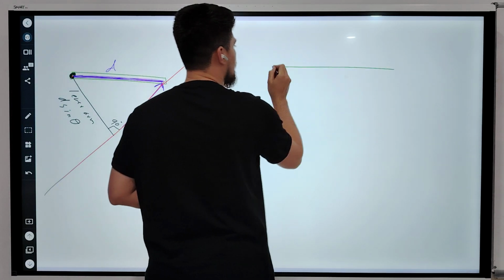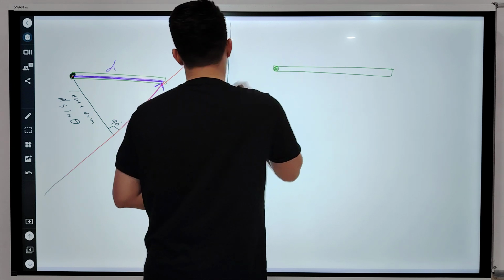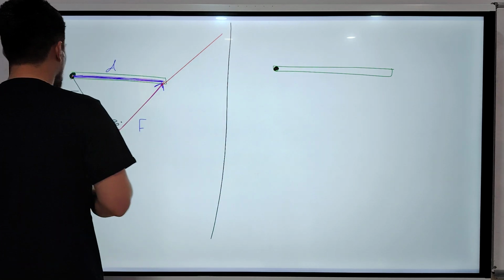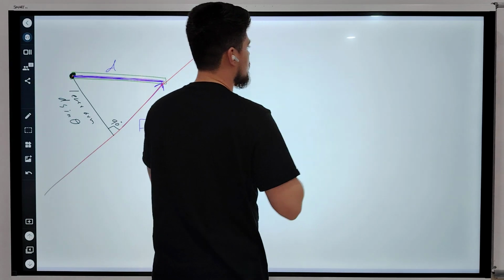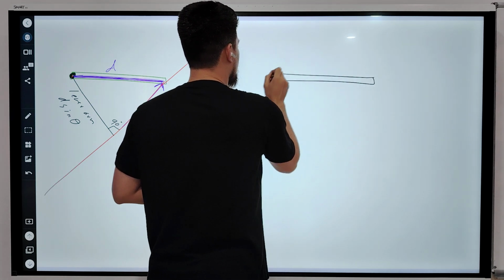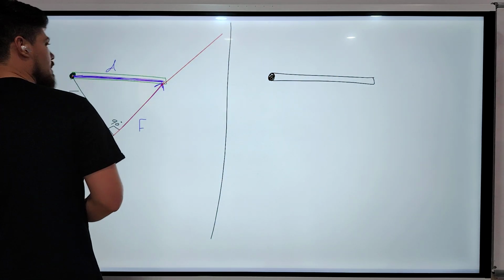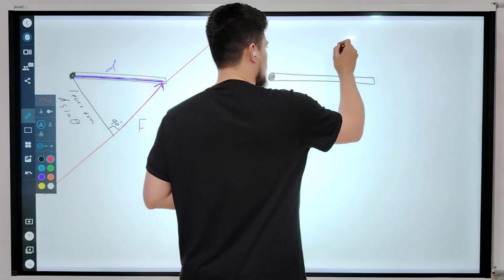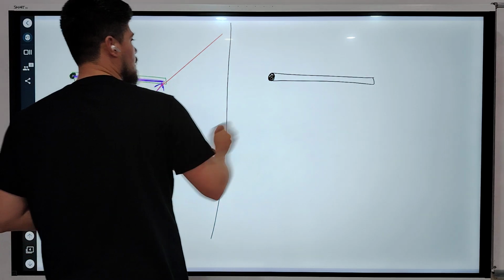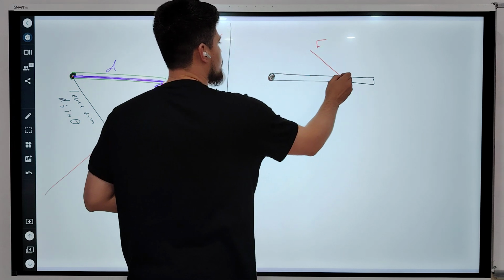Another example. Okay, this is the axis of rotation. Sorry, the example should be like that. This is the axis of rotation. If the force is applied like that, this is the force applied on this point.